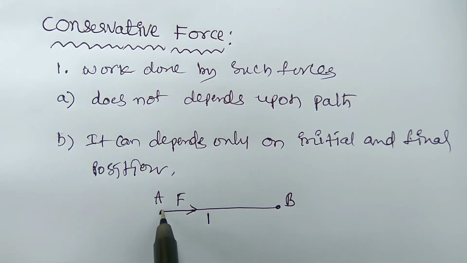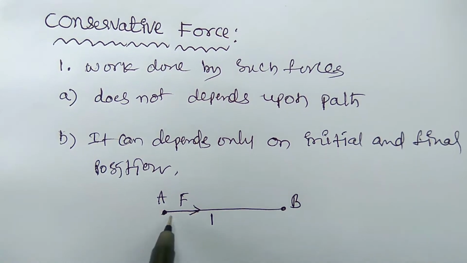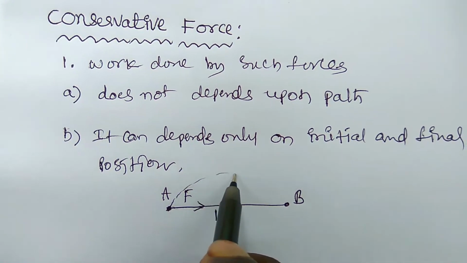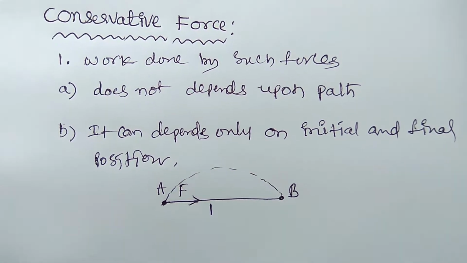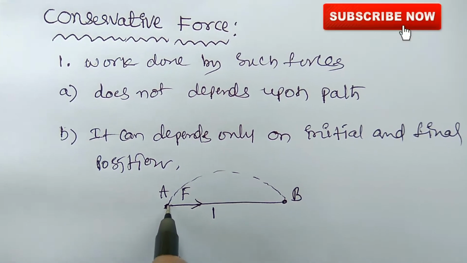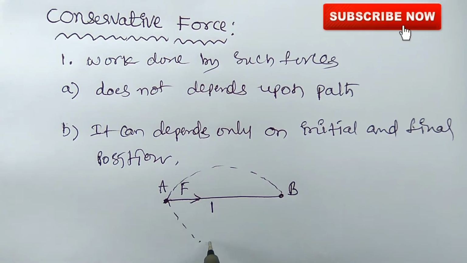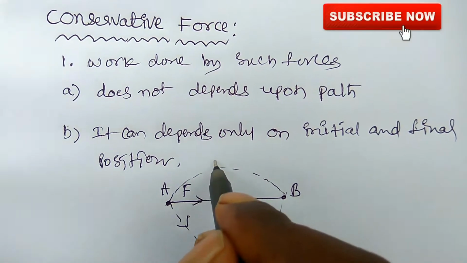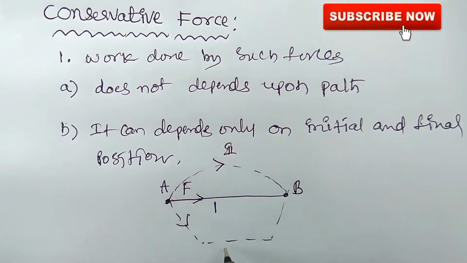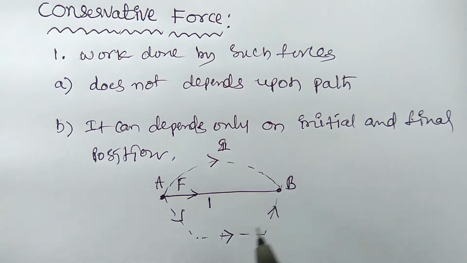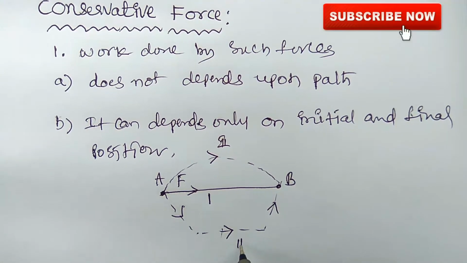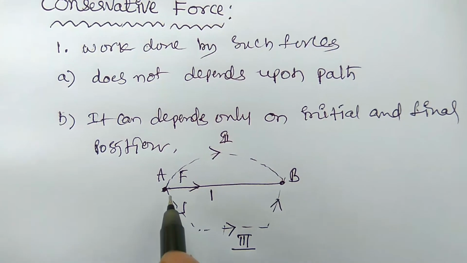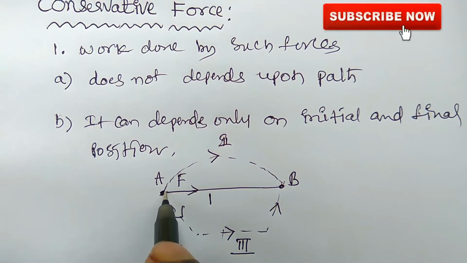If force is applied on the object at point A, there is a chance it moves in this direction also and reaches point B, and also a chance of moving in this direction and this path. So this is the second path and this is the third path. Whatever the path, the final position is point B and the initial position is point A.